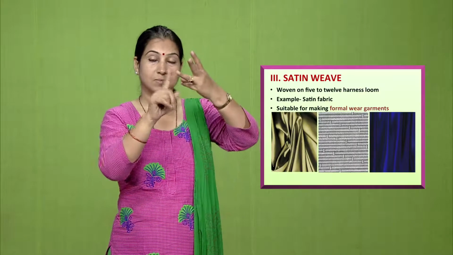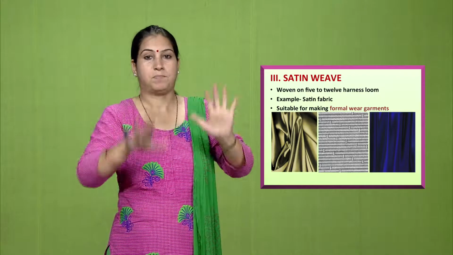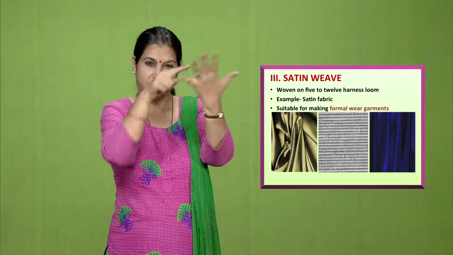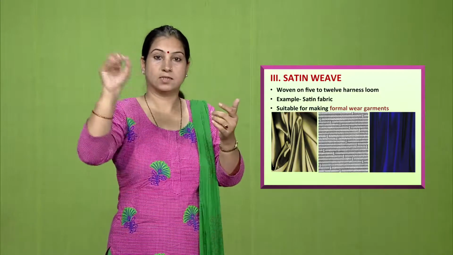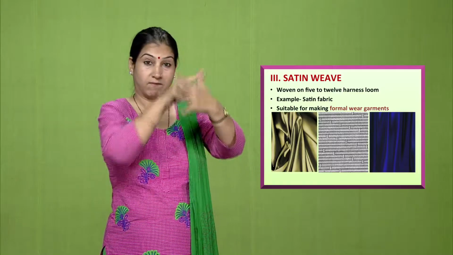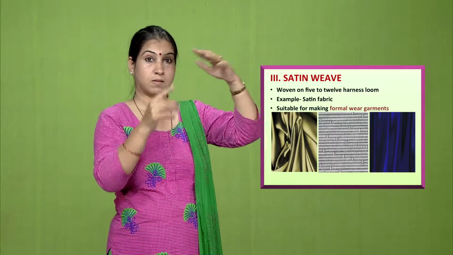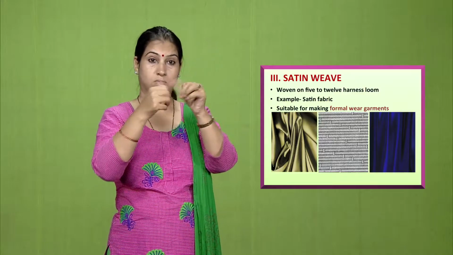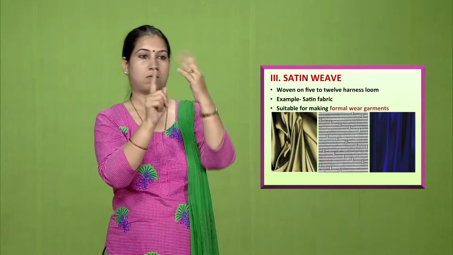The third type of weave is satin weave. It is woven on a 5 to 12 harness loom. If woven on a 5 harness loom, 1 weft yarn passes under 4 warp yarns and goes over 1 warp yarn.